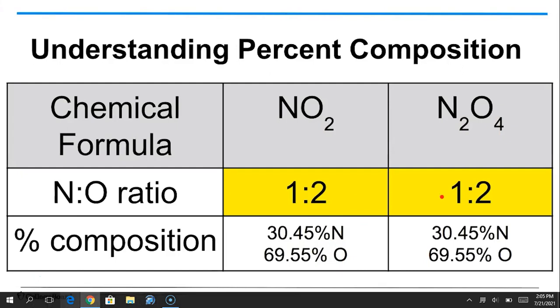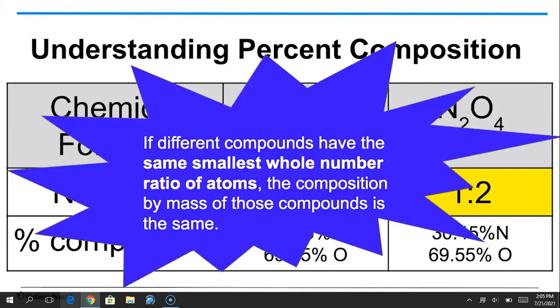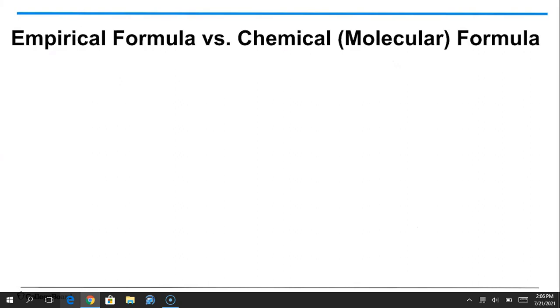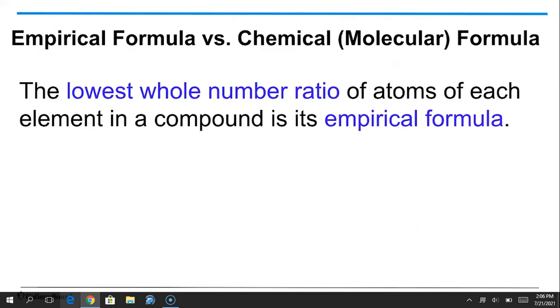And so that means that they have the same percent composition. So if different compounds have the same smallest whole number ratio of atoms, then they will have the same composition by mass. And so this leads us to an important concept, that of empirical formula.